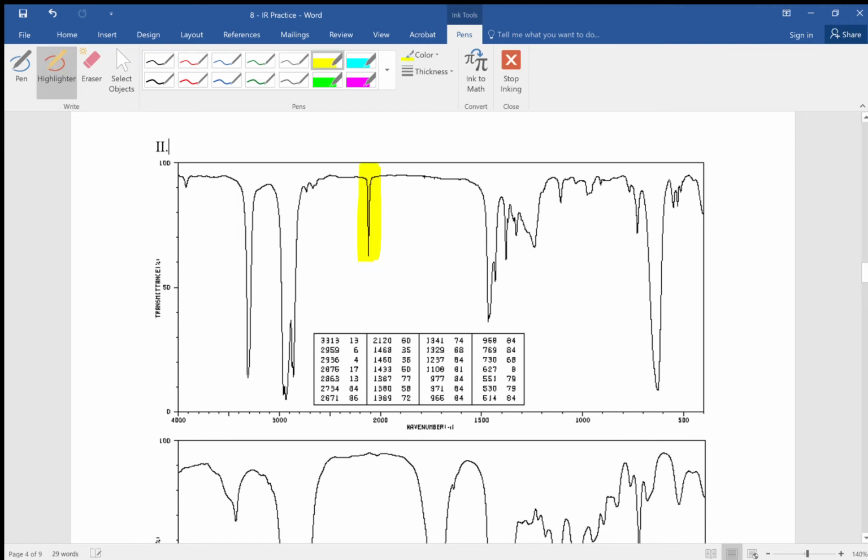There we go. And what those peaks look like, we have a medium to weak peak around 2100, and then a very strong peak around 3300. So that combination of peaks suggests to me that we have a terminal alkyne.